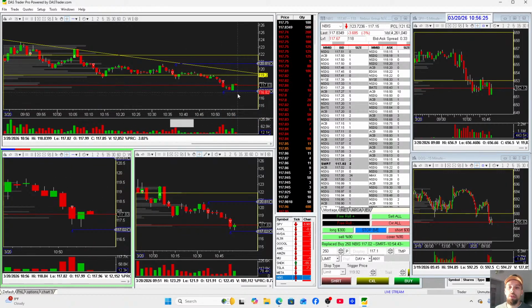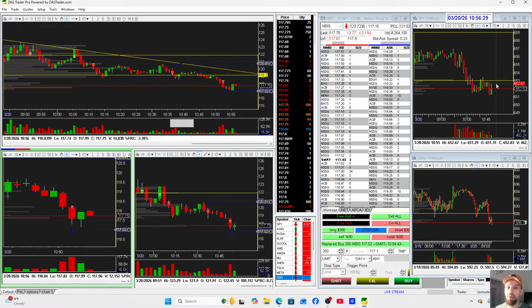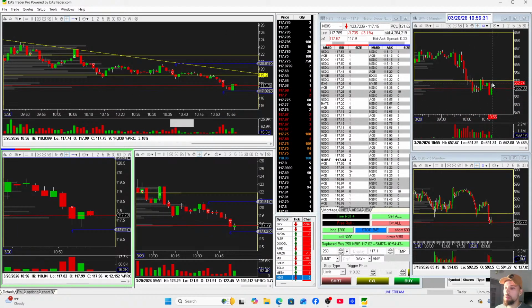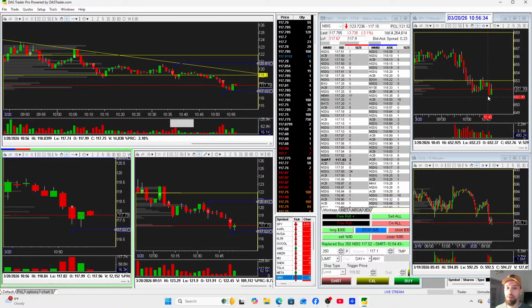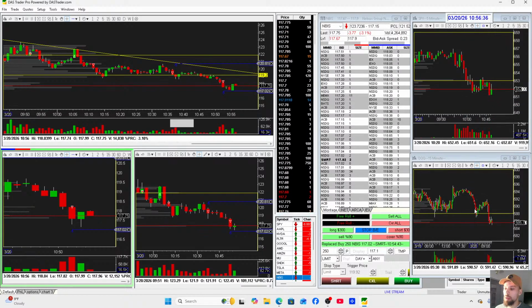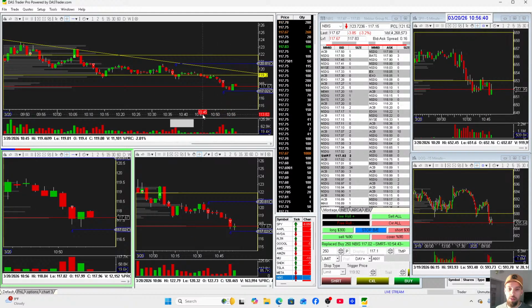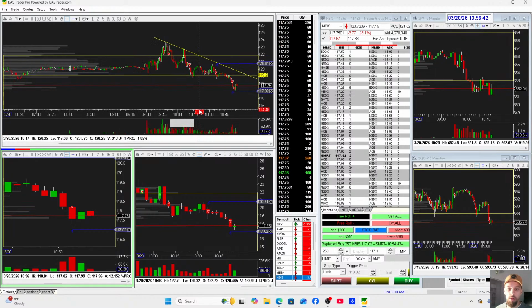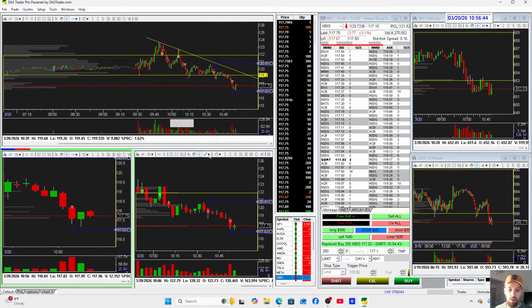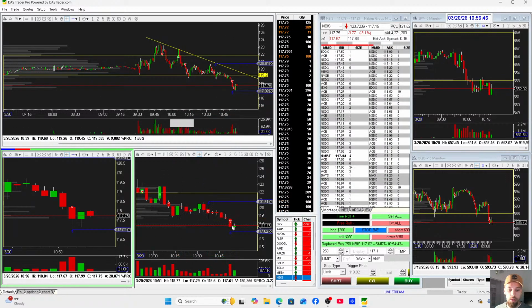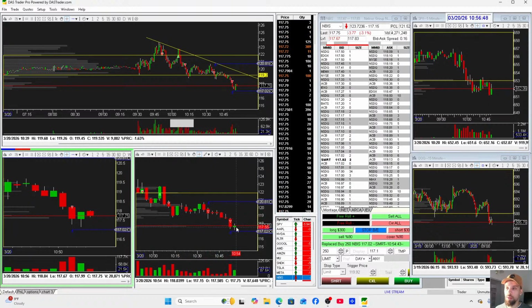Looking for a rejection right here, guys. Big buyer stepped in right there. SPY and Qs tried to rally really fast right there. It's a nice 3-minute candle for us.